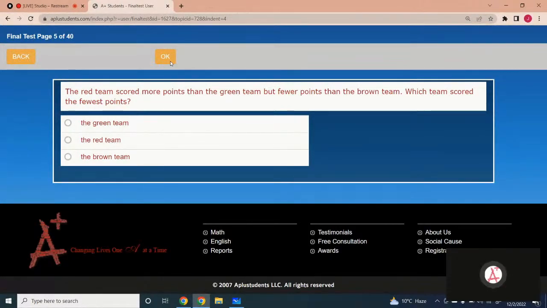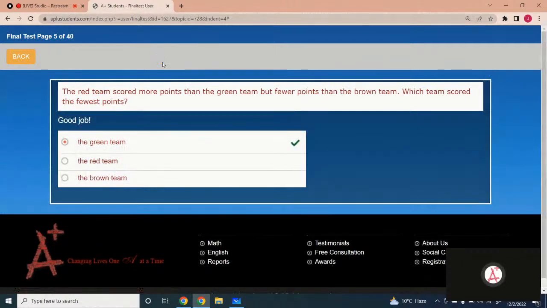Or either you can solve it. It would be the green team. I remember the answer. It would be the green team. Got it? Just select the correct option, then click on the OK button.